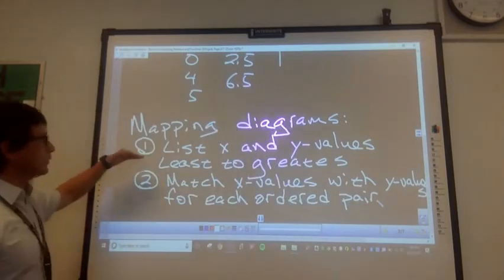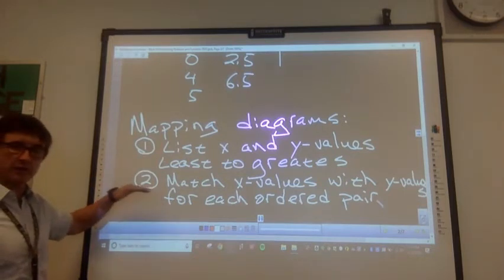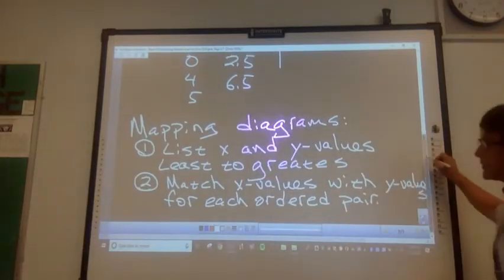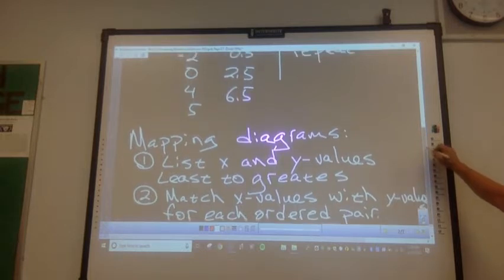List it least to greatest, then match the y values and x values as they correspond with ordered pairs. So if I come back up to the top here, remember you can always pause the video if you need to catch up writing things.